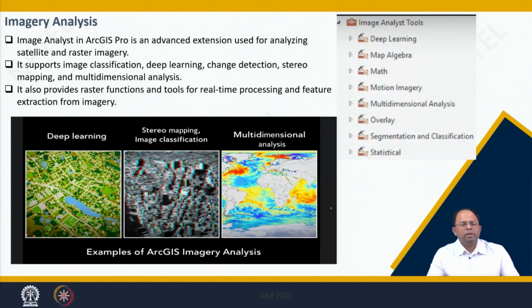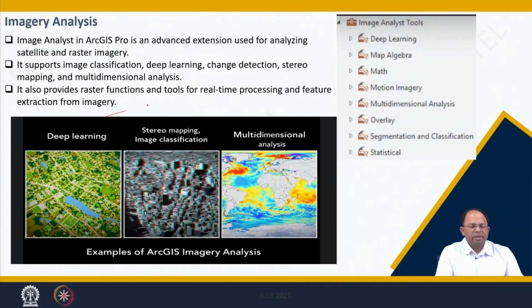Then we can also do imagery analysis as well. So over here, it is an extension used for analyzing satellite and raster imagery, of course, and it supports image classification, deep learning, change detection, stereo mapping, multidimensional analysis, and so on. And it also provides raster functions and tools for real-time processing and feature extraction for imagery.